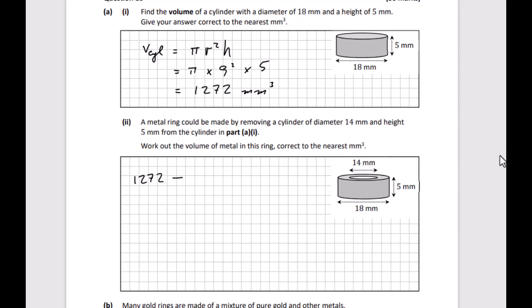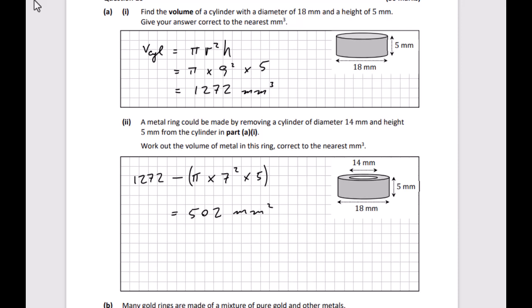So that's going to be pi times the radius, which is 7, which we've got to square, and then the height, which is 5. So when you do all that, you get 502 millimeters cubed.